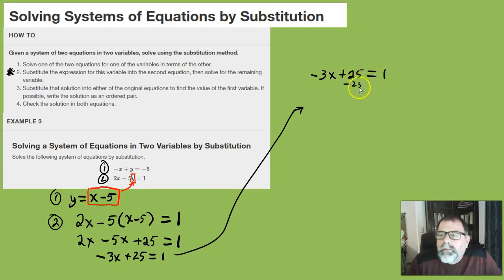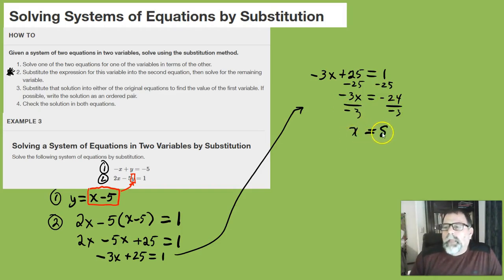So subtract 25. Negative 3x equals negative 24. Divide by negative 3. So x equals 8.